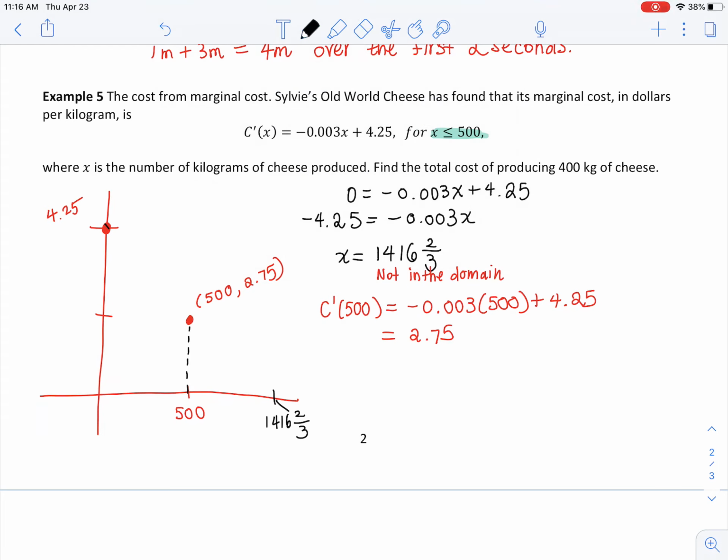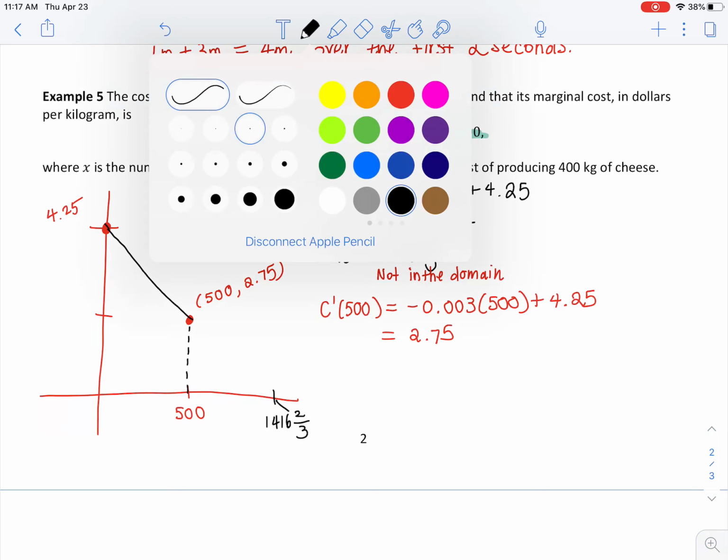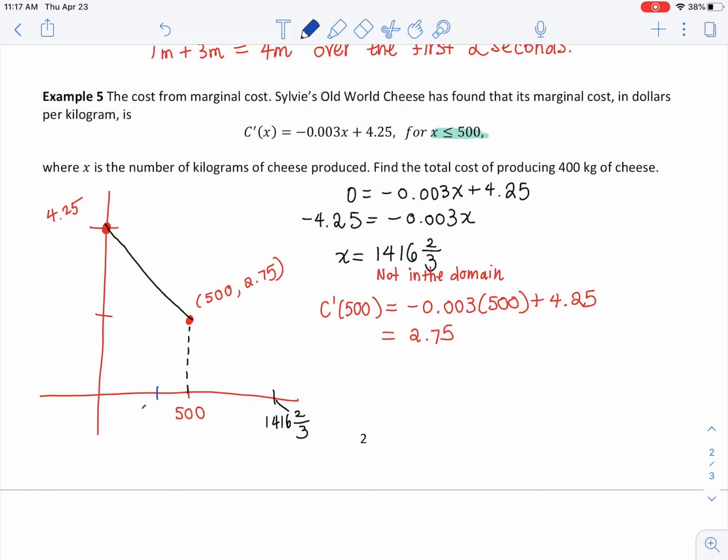Now, will this graph go to the left of 0? Can we produce a negative number of kilograms of cheese? No, not really. So I'm also going to extend my black line, my graph, from 0 to 500. Yay!